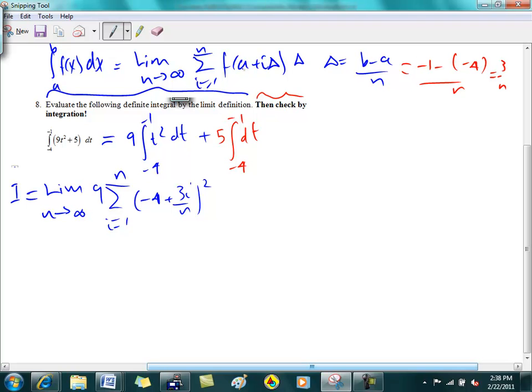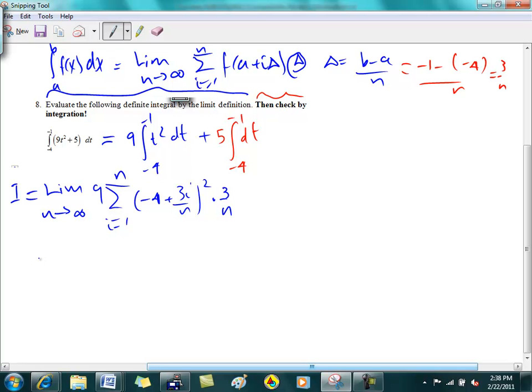Notice that in this formula, a is the lower limit, which is negative 4. Delta is 3 over n, and i is i. Okay, so that's the blue integral, and that's all I'm going to work on. And we have times 3 over n. That comes from this delta here, okay?